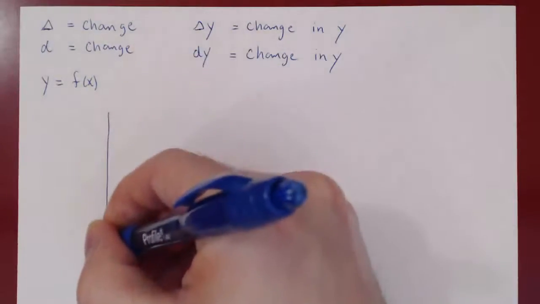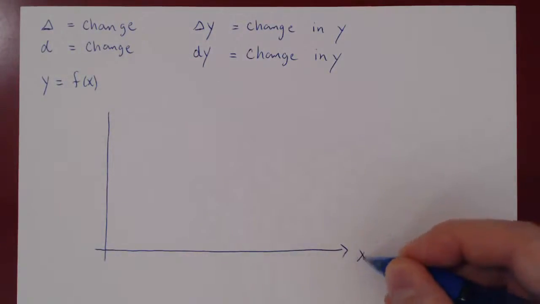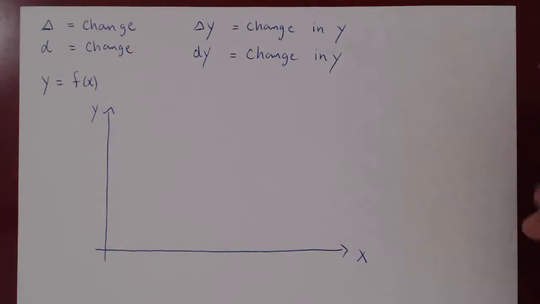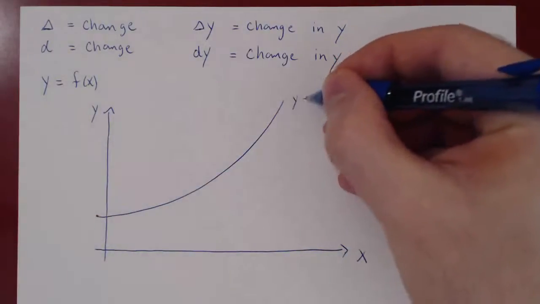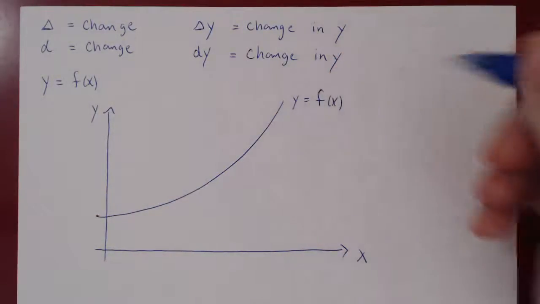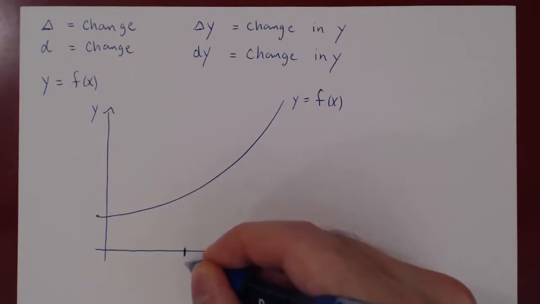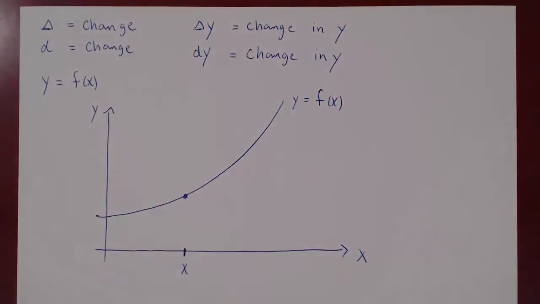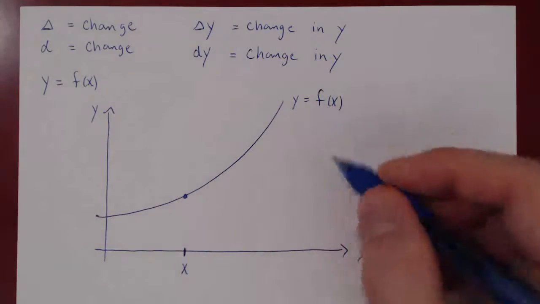Suppose this is our function. So we have a function of x. Just for argument's sake, suppose the function is increasing, not that it really matters. Suppose it looks like this. Suppose we look at a specific value of x, say here. Well, we know that at this point we have the tangent line to the function, if the function is nice enough.